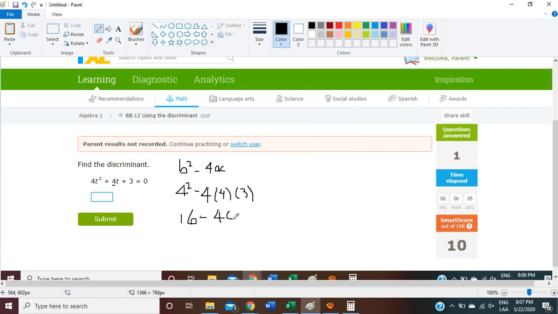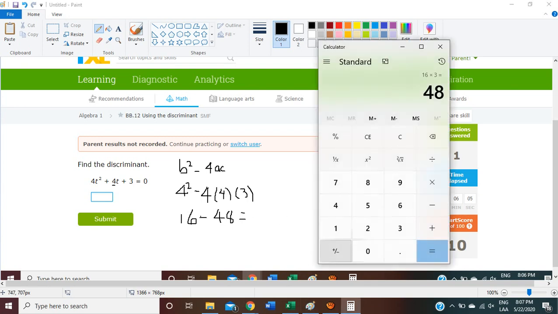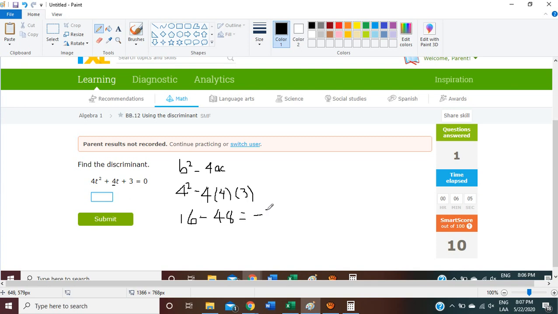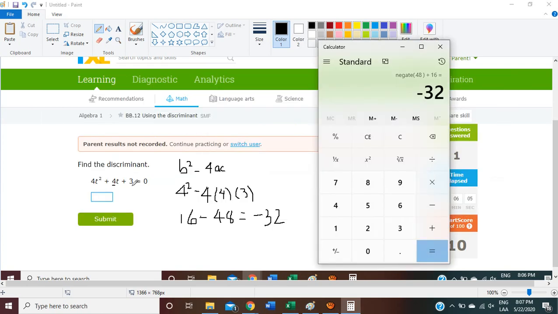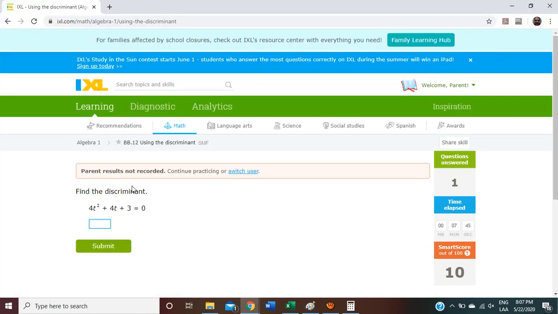So 16 minus 48 equals negative 32. This also doesn't have a real solution because the discriminant is negative 32.